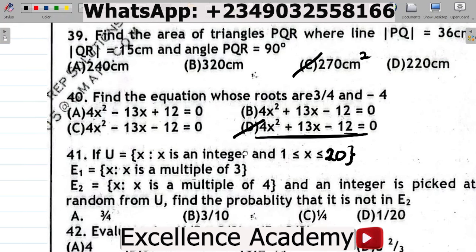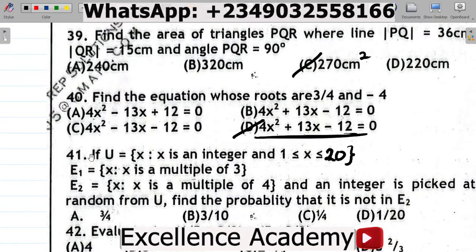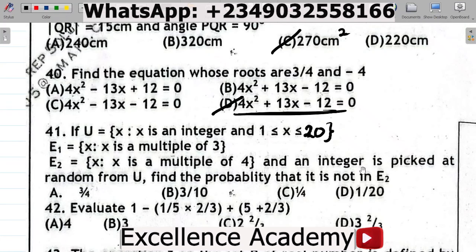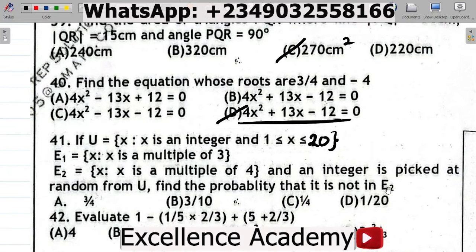As usual, I'll leave question 41 for you as your assignment. Solve it and leave your answer in the comment section. Question 41 says, if U, the universal set, is equal to x such that x is an integer and 1 is less than or equal to x less than or equal to 0, E1 is equal to x such that x is a multiple of 3, E2 equal to x such that x is a multiple of 4, and an integer is picked at random from U, find the probability that it is not in E2.